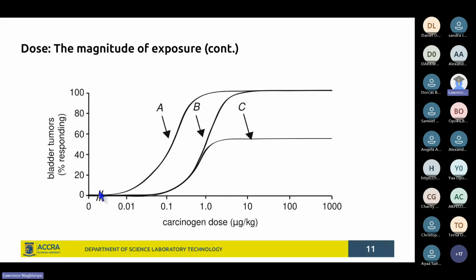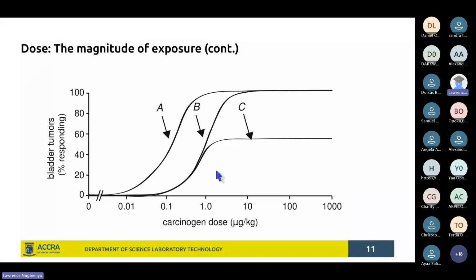If you take a look at a curve of A and you compare it to B, you notice that A and B can reach up to 100% of causing the bladder tumors. A and B can reach that.